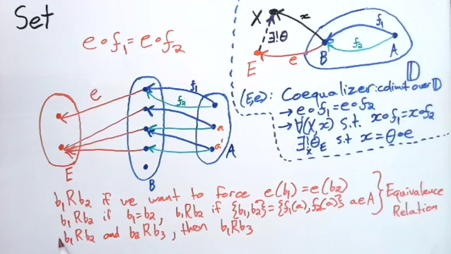Because we have any element, this one here, any element is related to itself, that's reflexivity. If B1 is related to B2, then we have B1, B2 equals F1A, F2A for some A and A. But then B2 is also related to B1, right? Because ordering doesn't matter in sets. So B1, B2 is equal to F1A, F2A. Well, then B2, B1 is also equal to F1A, F2A, right? So those will be related, and that gives us symmetry.